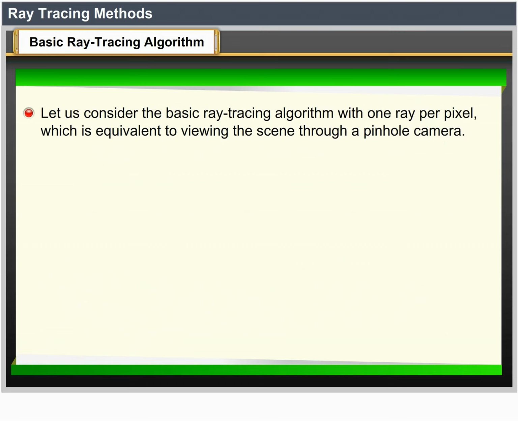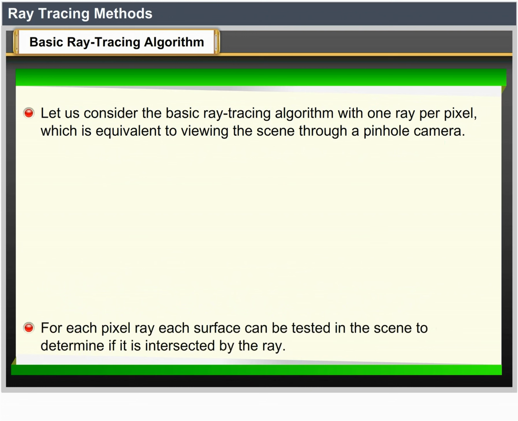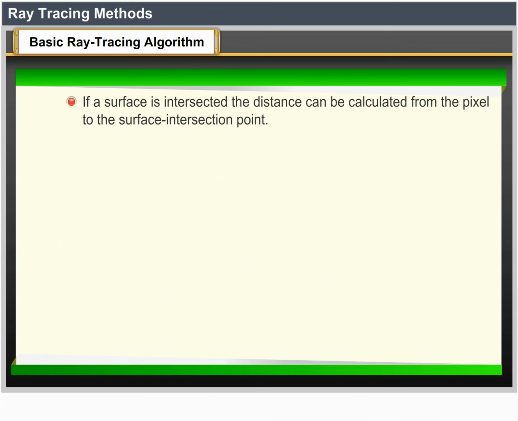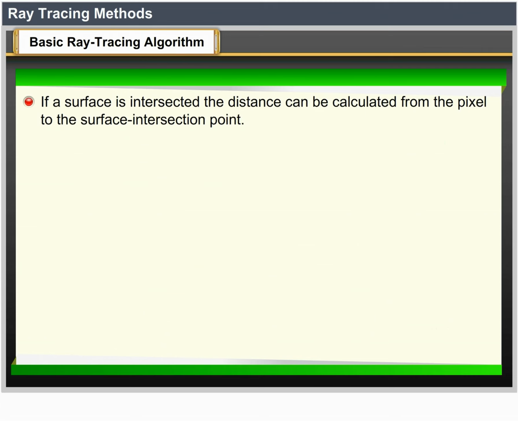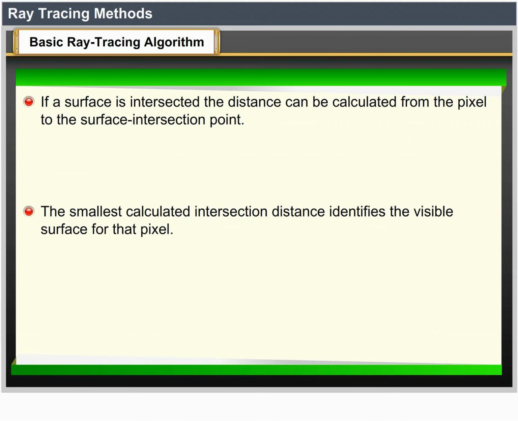For each pixel ray, we test each surface in the scene to determine if it is intersected by the ray. If a surface is intersected, we calculate the distance from the pixel to the surface intersection point. The smallest calculated intersection distance identifies the visible surface for that pixel.